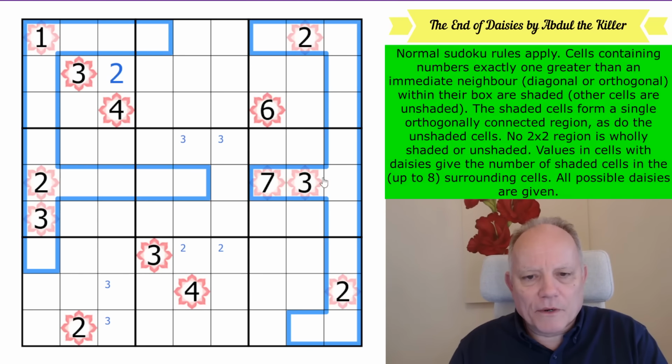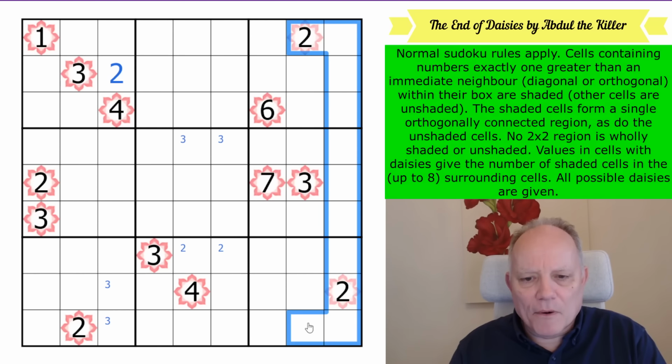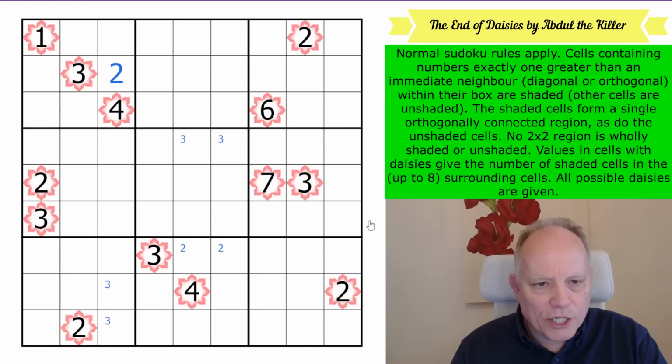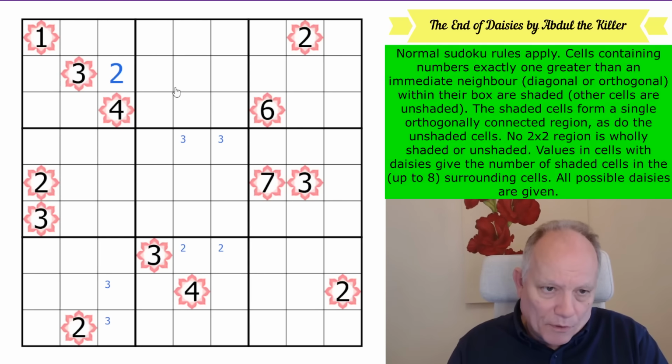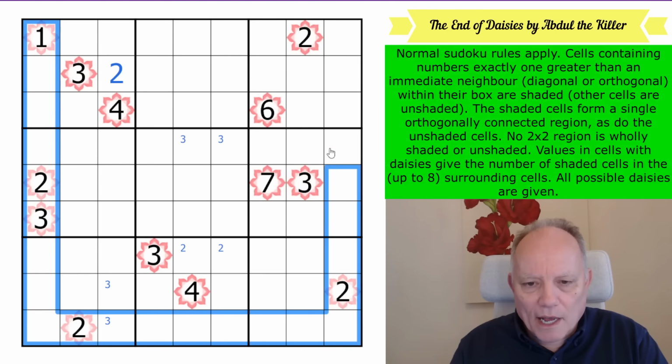So if you joined them across there, there's an unshaded at the top and an unshaded at the bottom. And that would always work if you have 2 separate shaded runs in the perimeter, or 2 separate unshaded ones. Therefore, it is just possible that the perimeter is all one colour.